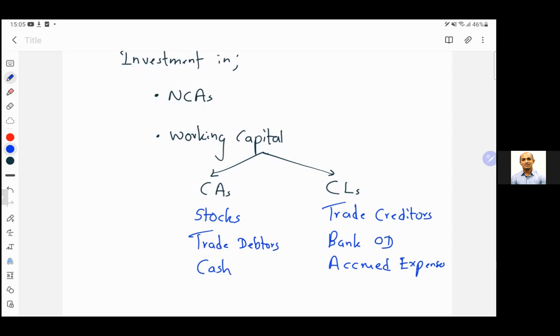Now you see, while the operations are going on, you have to invest in the company's working capital. Working capital consists of current assets and current liabilities. To start the company's operation, in addition to non-current assets, the company has to invest in working capital.